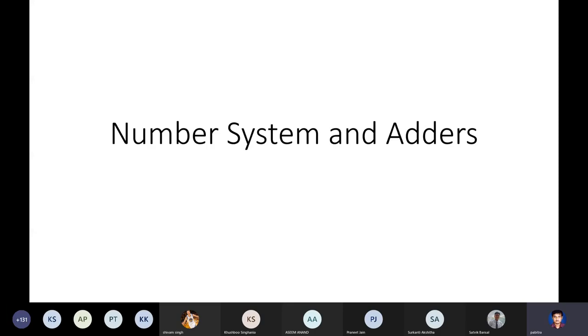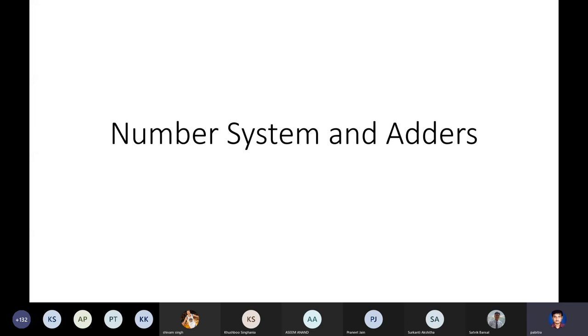Almost everything that we do in a computer or any other digital circuit deals with numbers. So one of the earliest things that people did in a digital circuit was to represent numbers and do operations on the numbers.